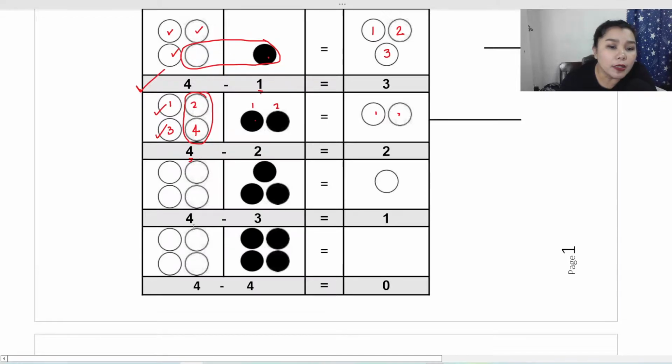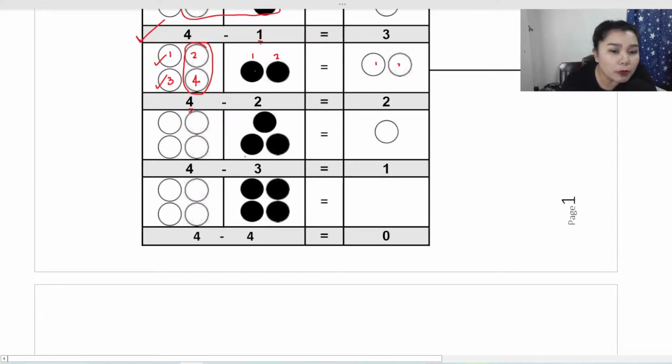Okay, another: we have 4 minus 3 equals 1. How did we come up with 1 as our answer in 4 minus 3? For this subtraction sentence, we have 4 white chips and 3 black chips. If we see 3 black chips, it means that it needs 3 white chips also.